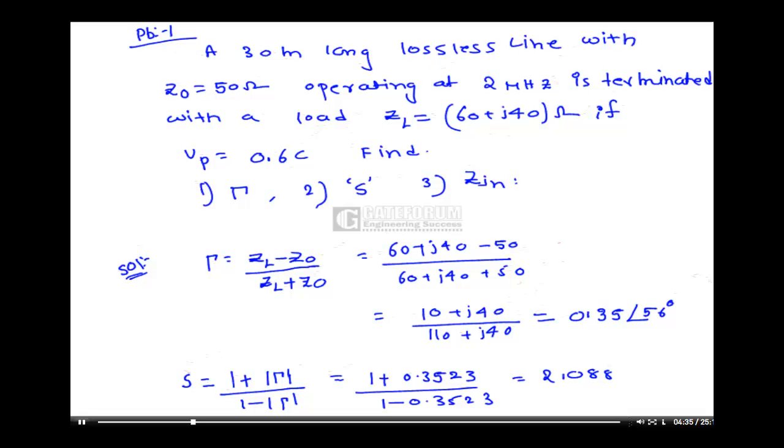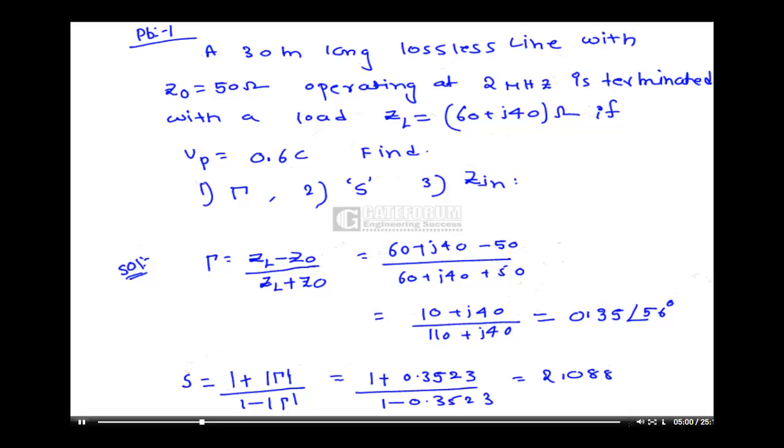So Zin is equal to Z0 into ZR plus jZ0 tan beta L by Z0 plus jZR tan beta L. So everything is known. The only thing is we have to calculate the beta L value.